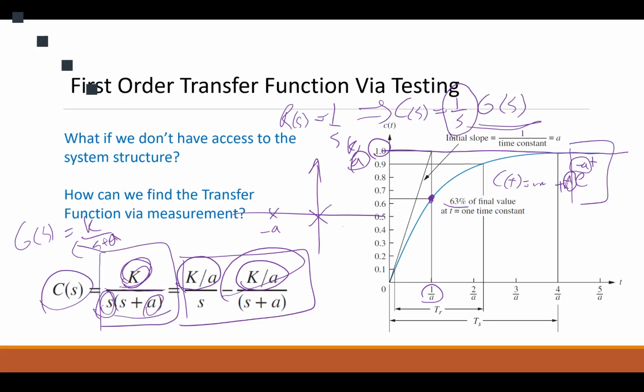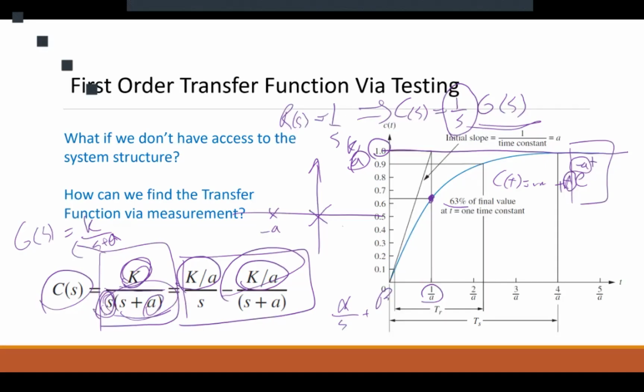This is the C(s). Okay, we want to separate these two poles. What we are going to have is a constant, let's say alpha over s plus beta over s plus a. Correct? Now, what is the alpha here? It's the limit of s times C(s) when s goes to 0.